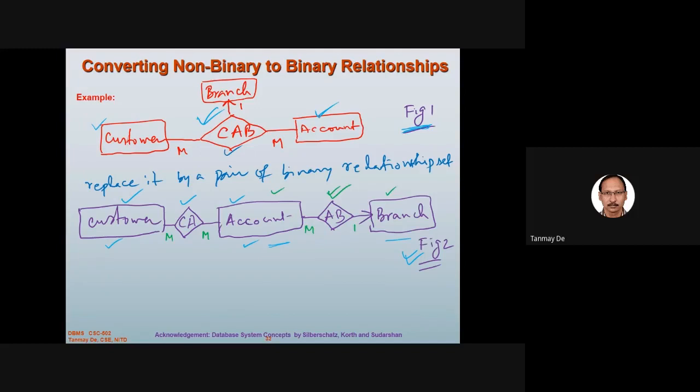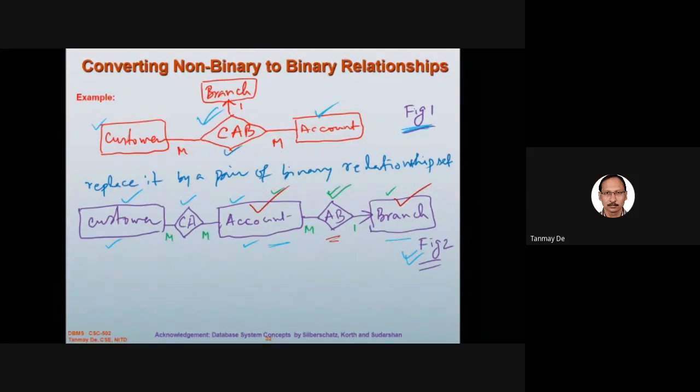account. This account, okay, we can just change the color. Account can be related with a branch with no corresponding customer. It is possible in figure 2, because the relationship AB is binary.